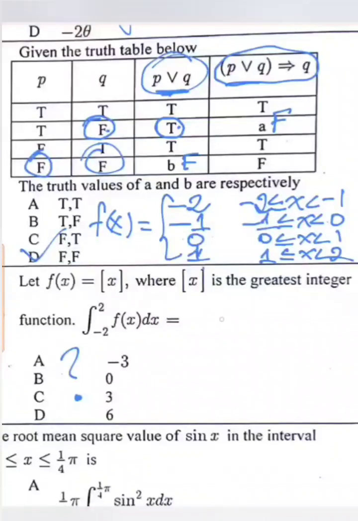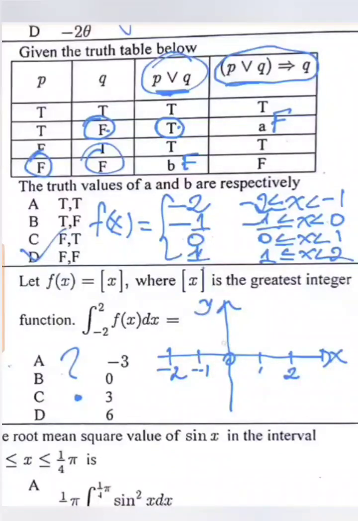So with this now we can sketch the graph of f of x in the interval -2 to 2. So I have -2 and then -1, then 0, then 1, then 2 for x values, and then for y values we have 1, 2, and then -1, -2.